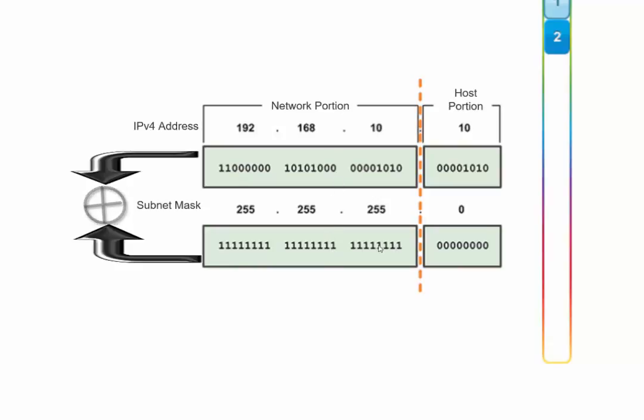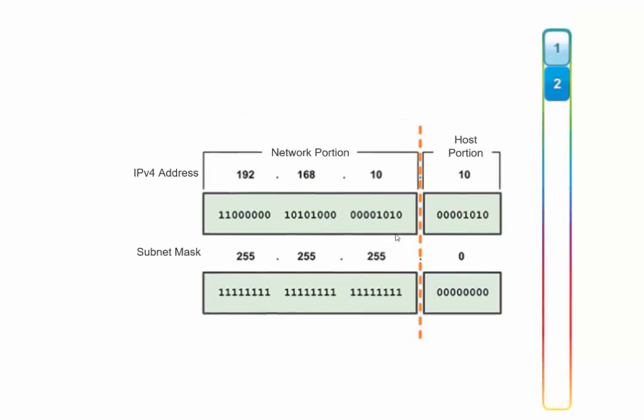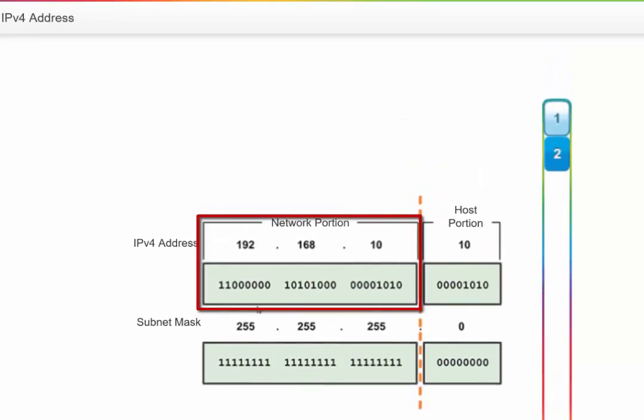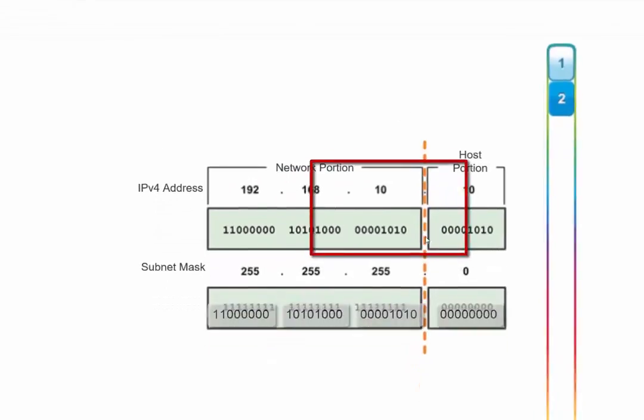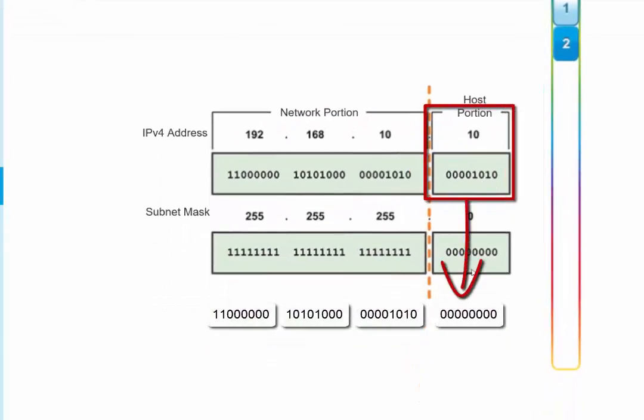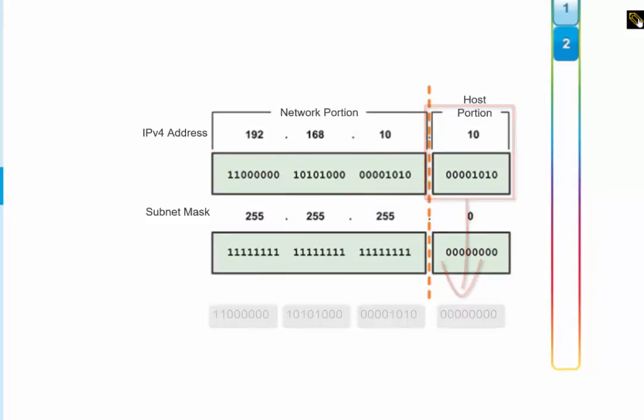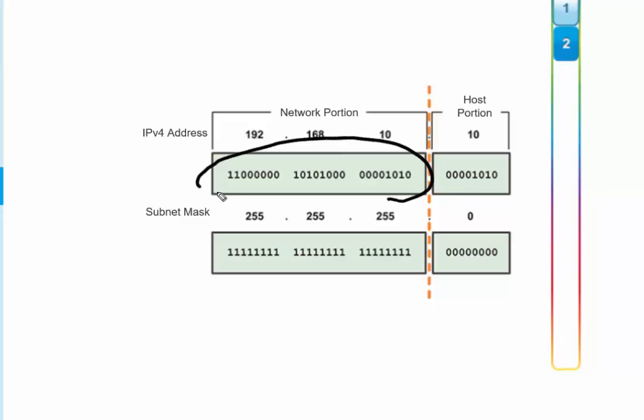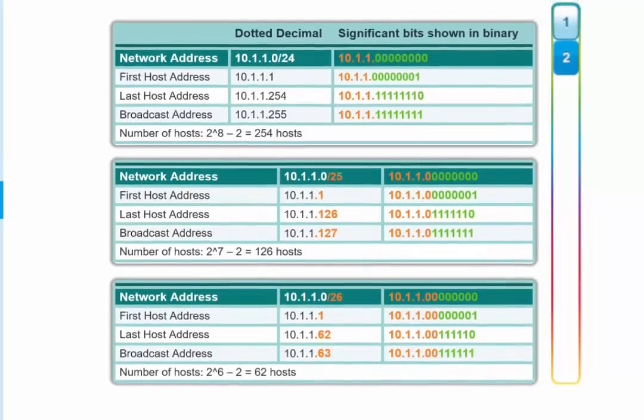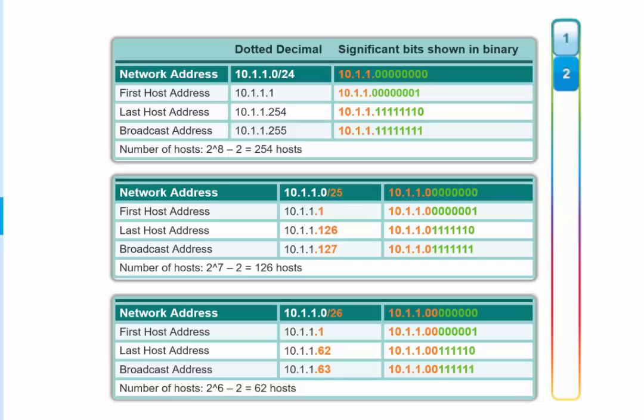This means that the first three parts will stay as is, and the other part will be all zeros, as we can see here. So this way we can separate the network part from the host part. This is the way that we calculate the network part using the subnet mask.